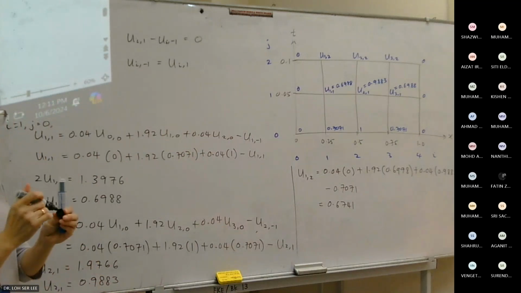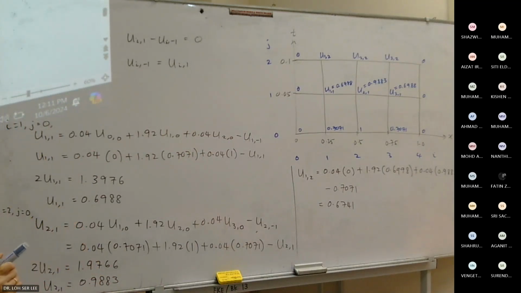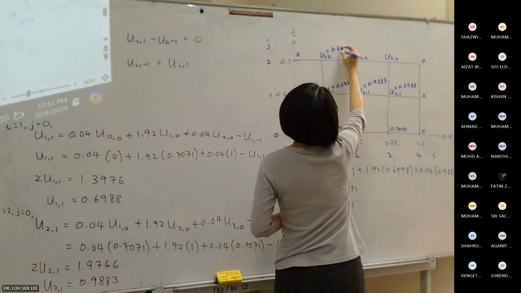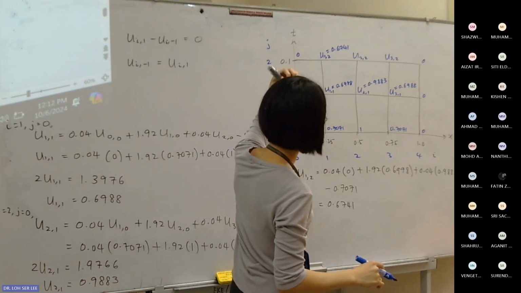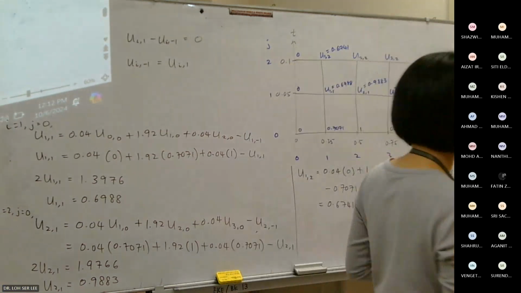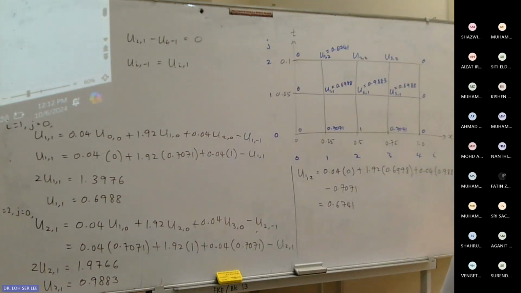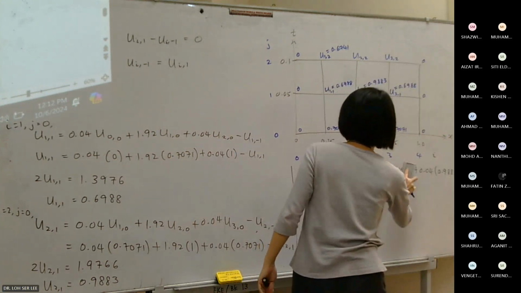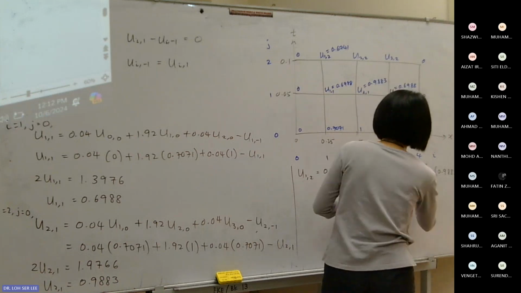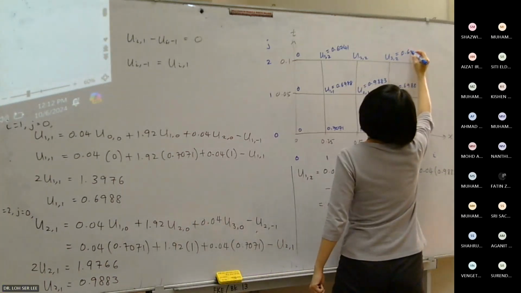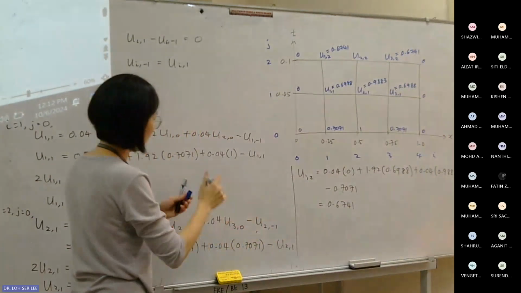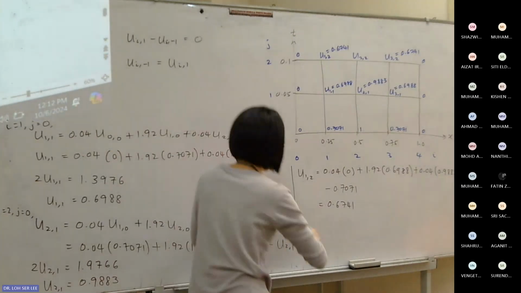Is that correct? Oh, 0.6989. U32 will be the same. And the last one, U22.